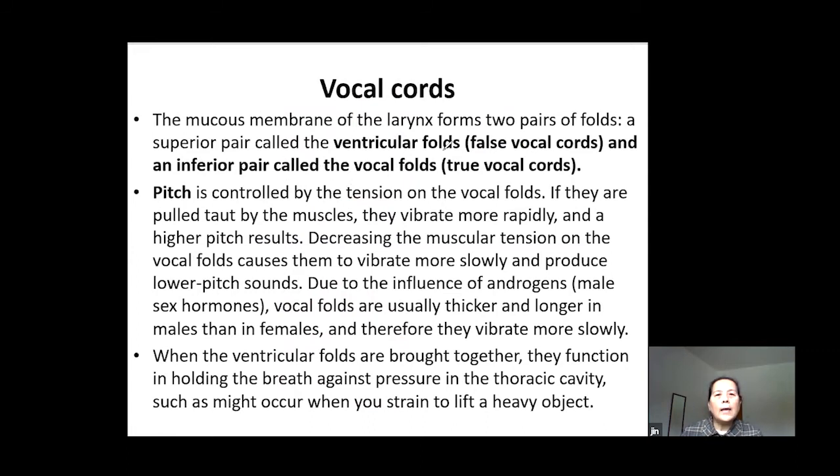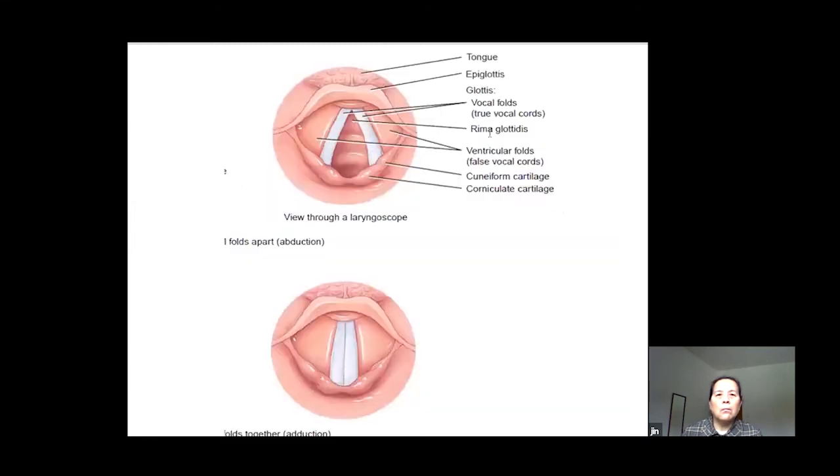Inside, we have some tight parts, mainly fibrous tissue, that can make the voice. We have the false vocal cord and the true vocal cord. What does that mean?